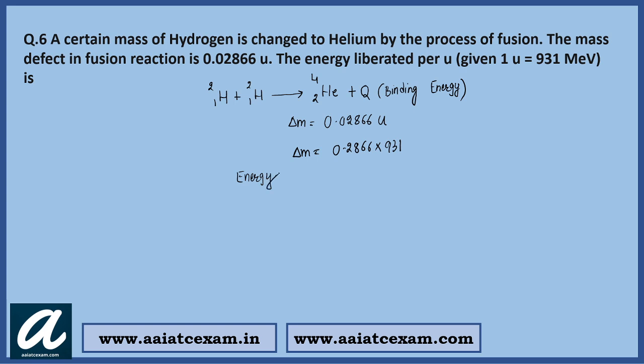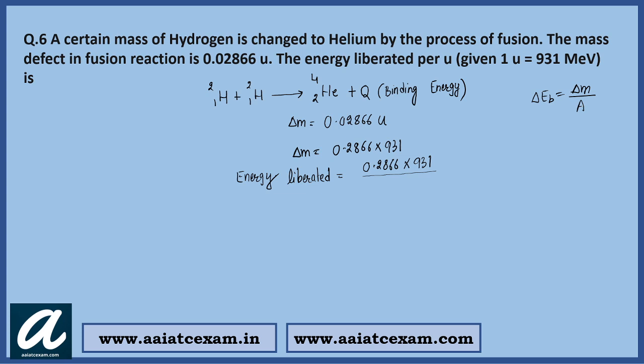I have to calculate the energy liberated. Energy liberated is equal to binding energy per nucleon. So students, what is the energy here? 0.02866 into the energy I have calculated. I have already multiplied this by 931. So per nucleon, you know that delta EB is always equal to delta M C square by A. This is also called the packing fraction.